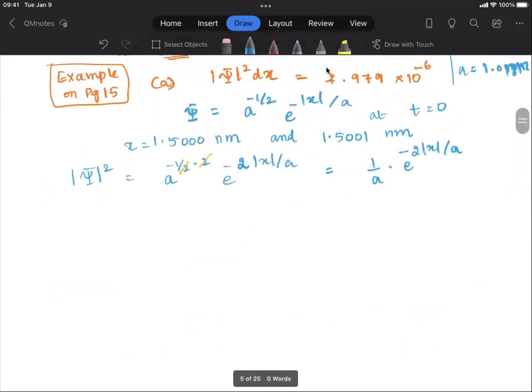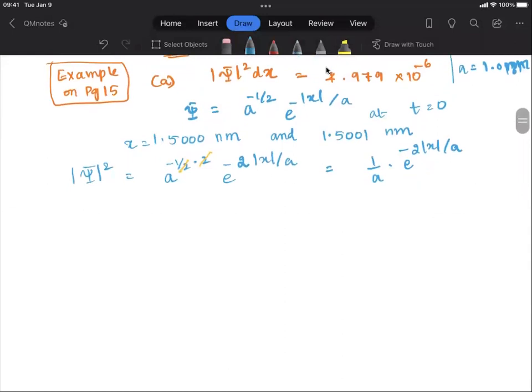Okay, so this is the value of psi squared. Now we have to perform the integral from 1.5 to 1.5001 of psi squared. I'm going to take 1 over a outside because it's a constant, and modulus of x is just going to be x because we're dealing with positive values in the integration, times dx.